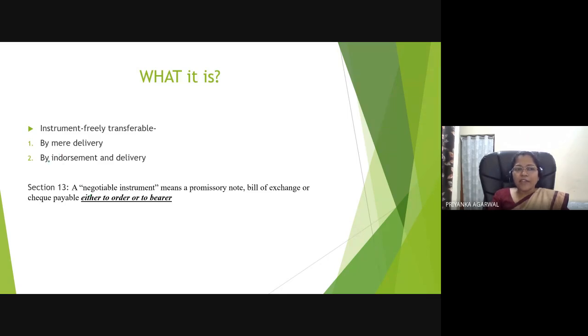Whenever we draw a negotiable instrument, if you are not delivering it, then it is not a transferable instrument. So in order to make any instrument negotiable, it has to be delivered.